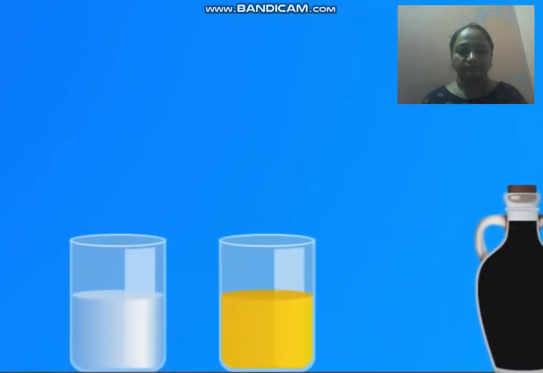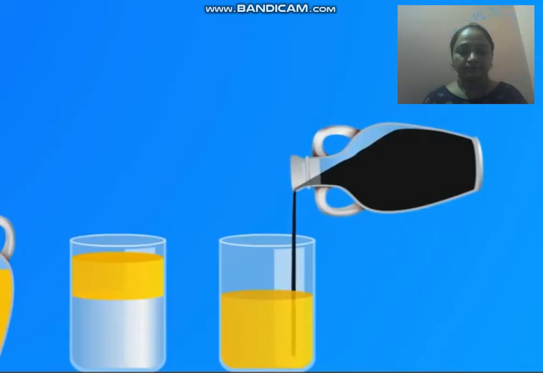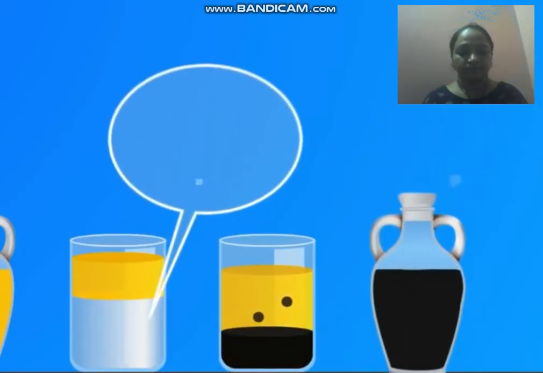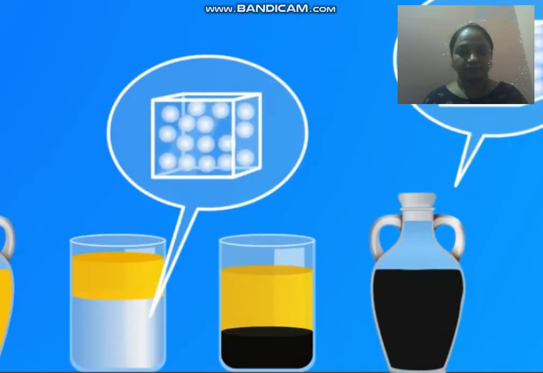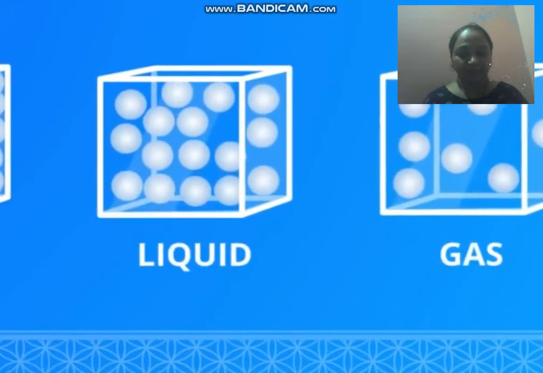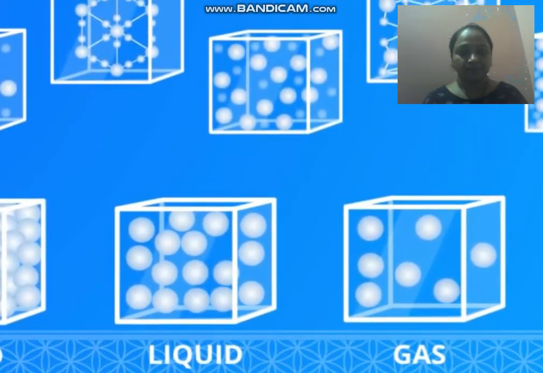Another example of density can be seen in the way oil floats on water, but balsamic vinegar sinks in oil. One substance is denser than another, causing the heavier liquid to sink and the lighter one to rise to the top. Generally speaking, solids are denser than liquids, and liquids are denser than gases, but this is not always the case as there are many exceptions to the rules.